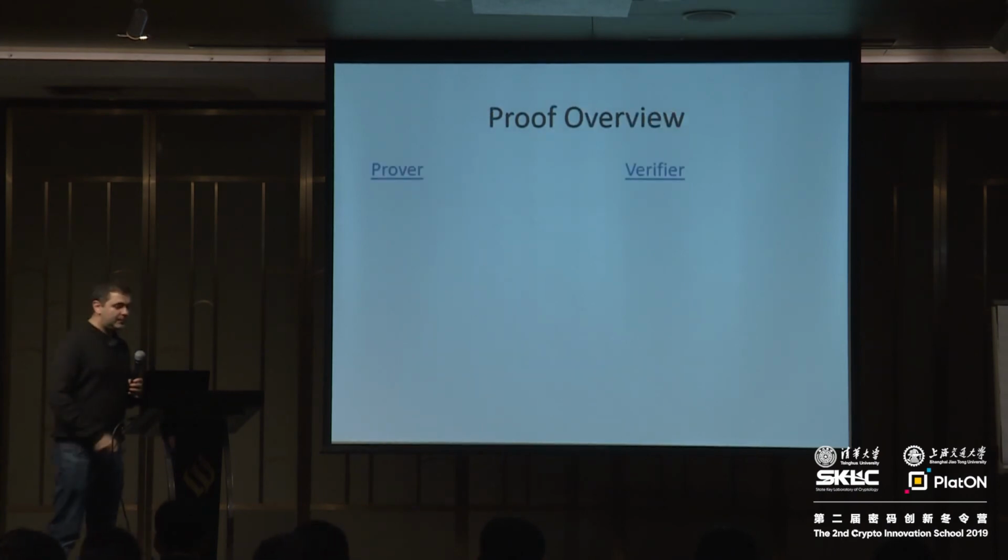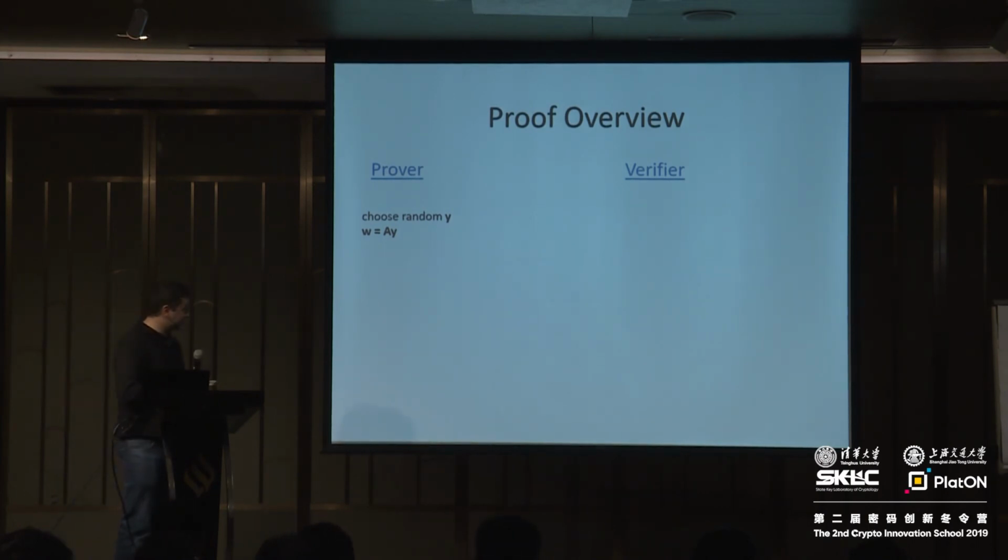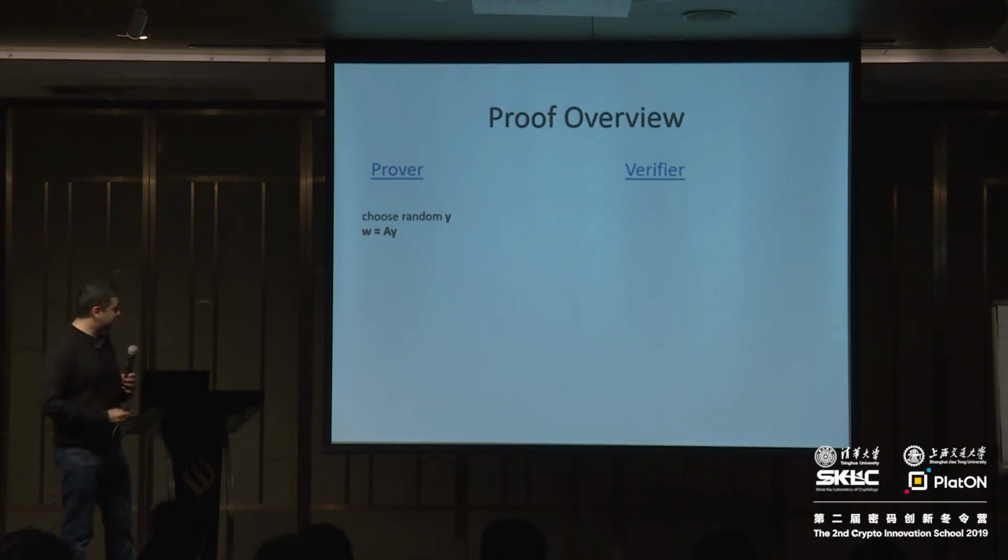Here's the prover and the verifier. The prover starts off very similarly to before, but it's actually very different. It just looks kind of similar, but really the reasons we do stuff are not quite the same. So you choose a random y, no longer small; a random y is good enough for some reason. And then you have w equals a times y.